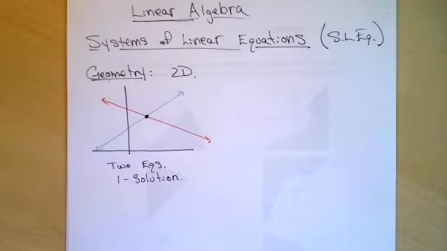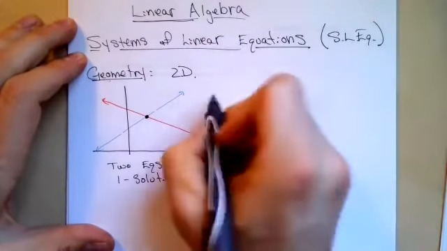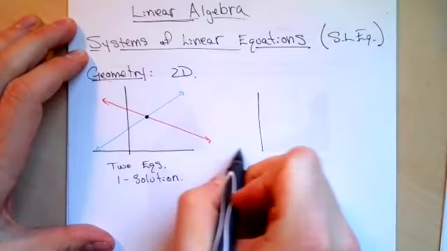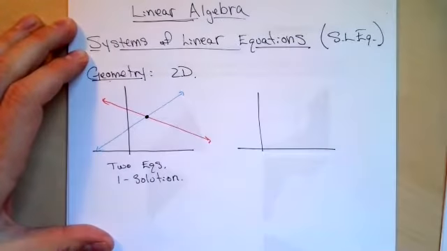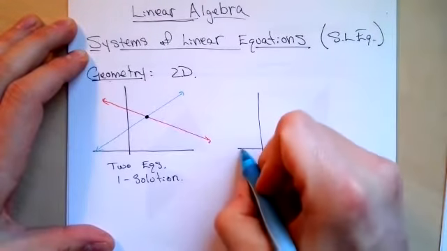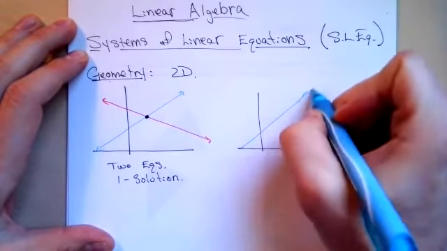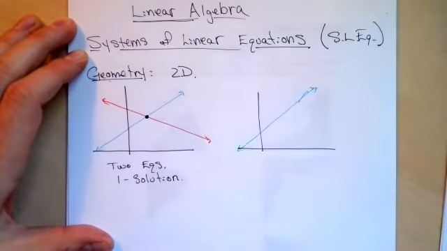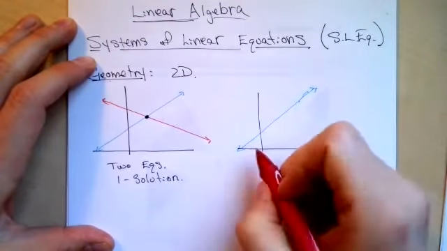So a solution to a system of linear equations geometrically is going to be a common intersection point for all equations in the system. Now, we don't always have a solution. So geometrically, we can always draw lines that are perpendicular.